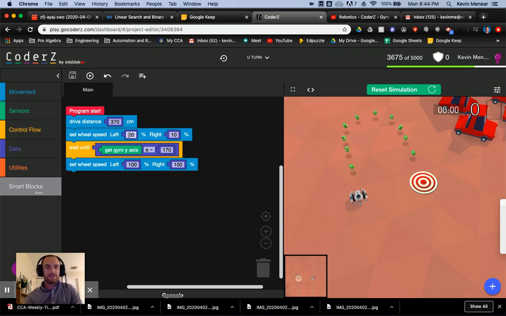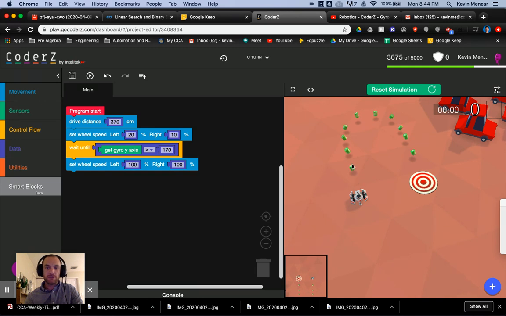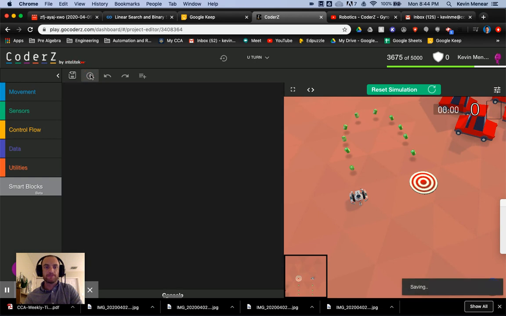So drive distance this much, then turn through, wait until this, and then this is just going to drive up a little bit because if you notice, it doesn't actually start right at the turn. It goes forward a little bit first, and then it starts turning, and then after it's done the turn, it goes forward again all the way to the target. So let's see if this will work.